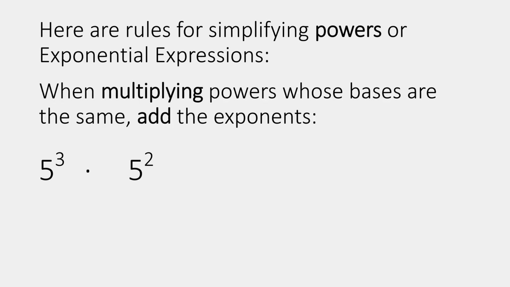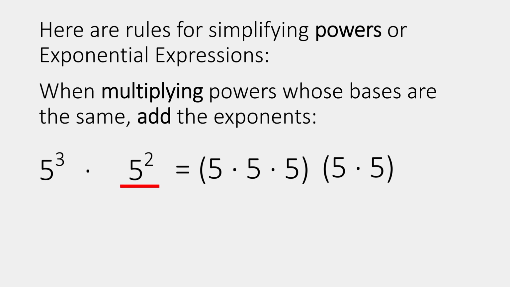When multiplying powers whose bases are the same, add the exponents. Now 5 cubed times 5 squared. Technically, 5 cubed is 5 times 5 times 5, which is 125, and 5 squared is 5 times 5, which is 25.